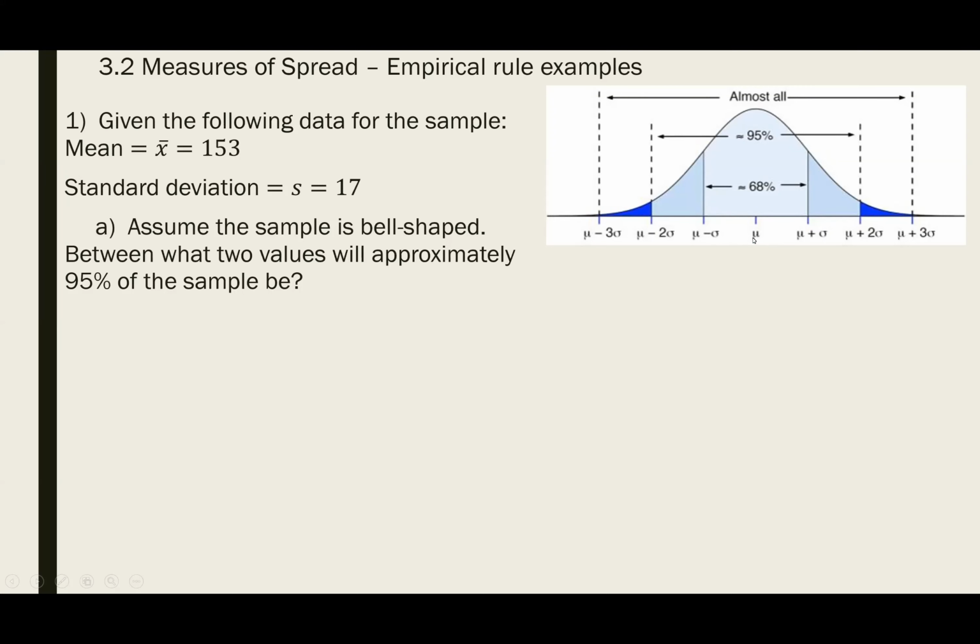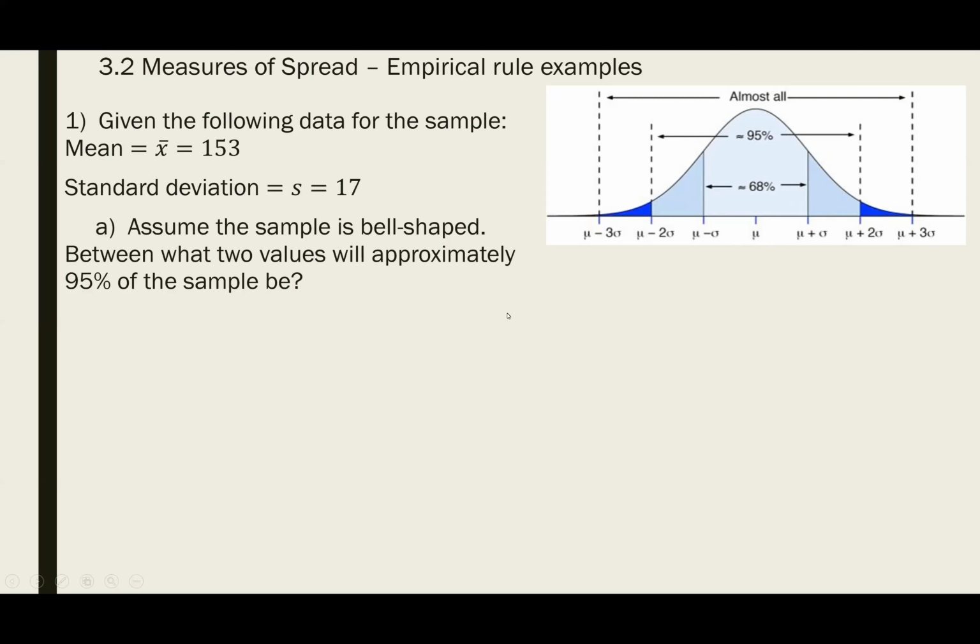But looking at this here, we know that if we have the center at 153, each time we move 1 step, we have to add the actual 17 units, right? So we know that we have to take 2 steps to the left and 2 steps to the right to consider 95% of my data.